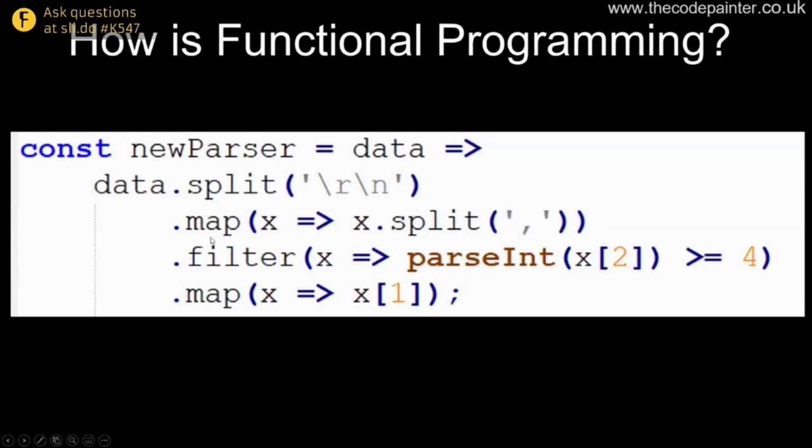Split on new line, then split each of those lines on comma, do a filter where I'm parsing item 2 to an int and checking if it's above 4, and then finally select out just item 1. Easy. That's an awful lot more compact than the first code sample. It's a lot easier to read and understand, and a lot easier to modify because we can easily throw an extra line into this functional flow. It's obvious where to make a change and how.